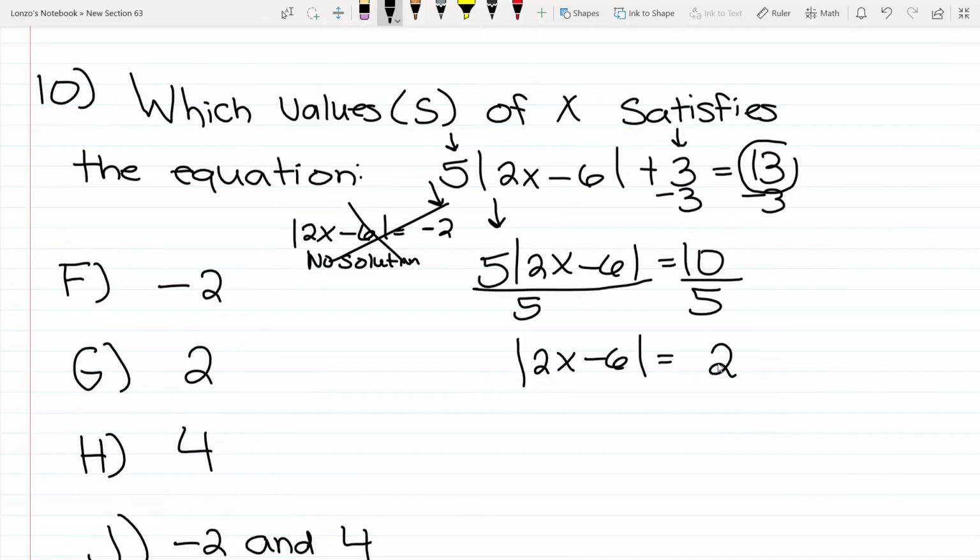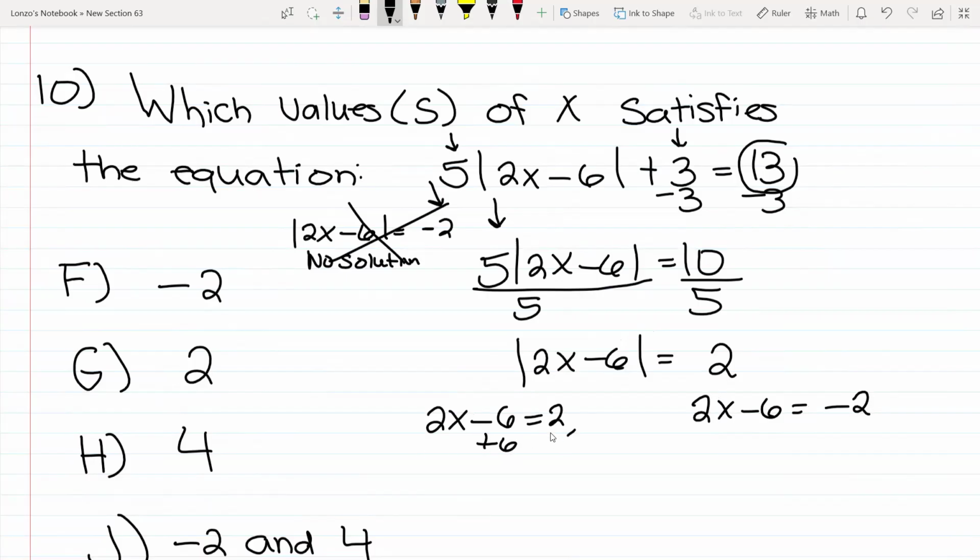Okay. The next thing I would do, once I have nothing near the absolute value, is create my two equations. So the first one is basically this without the absolute value: 2x minus 6 equals 2. And the other one would be 2x minus 6 equals negative 2. Okay, and then go ahead and solve for x.